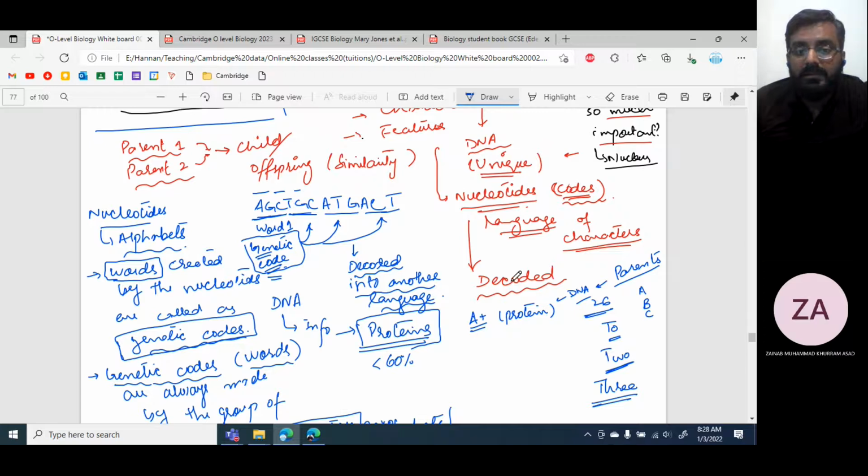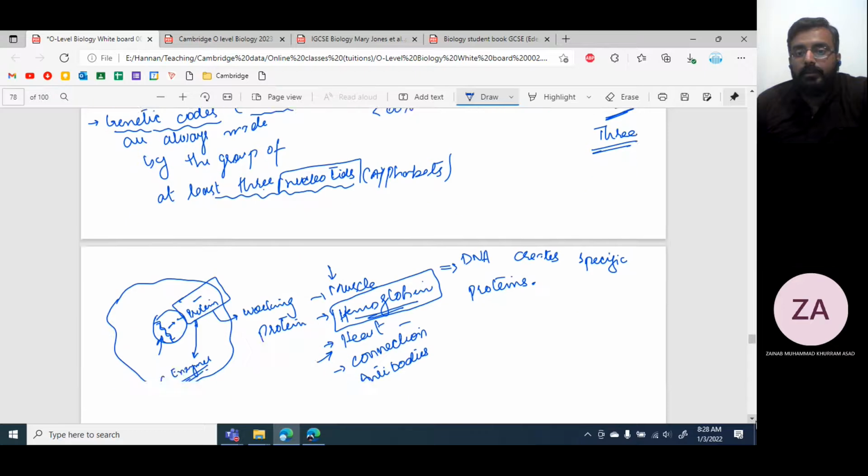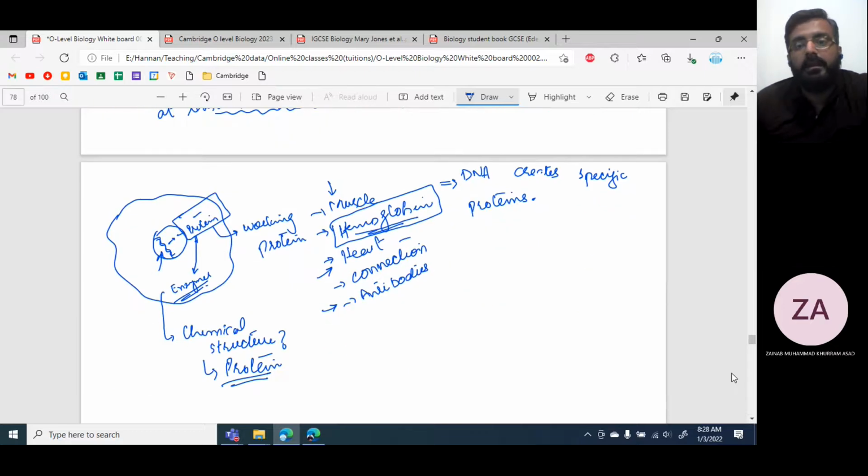But 60% of our body is proteins. That makes protein very important for our body. That is why we have to keep eating the proteins so that our DNA can make many other proteins.